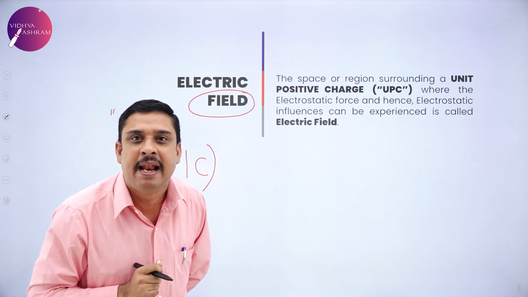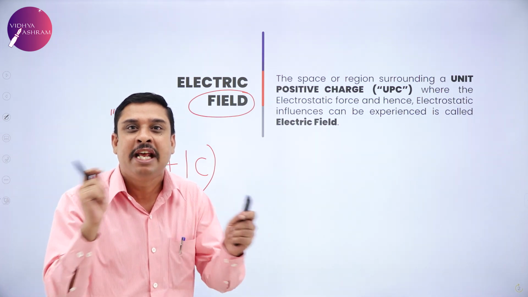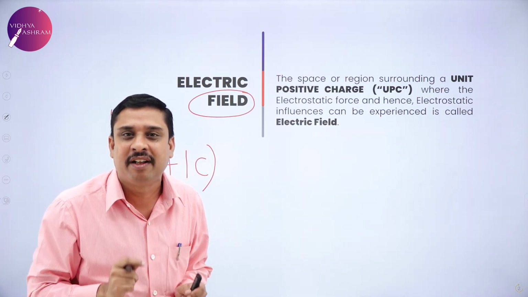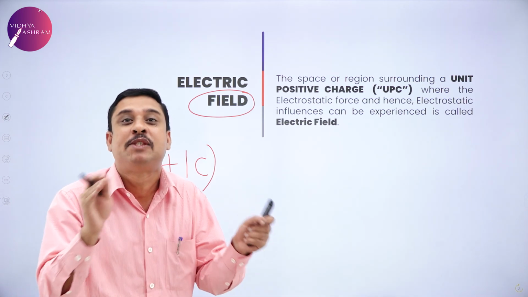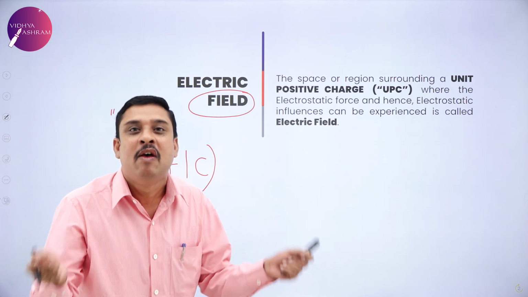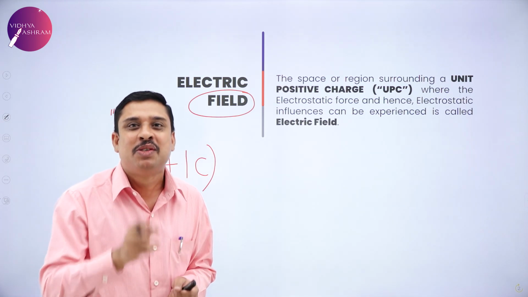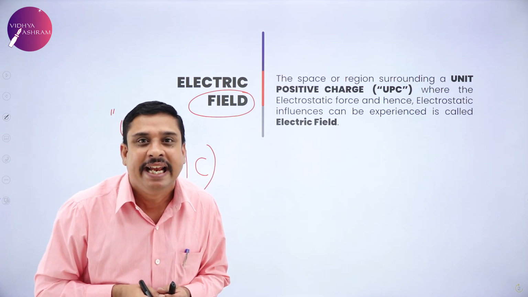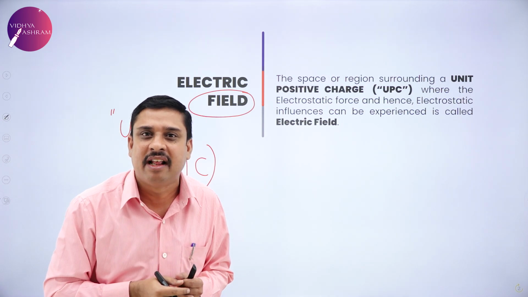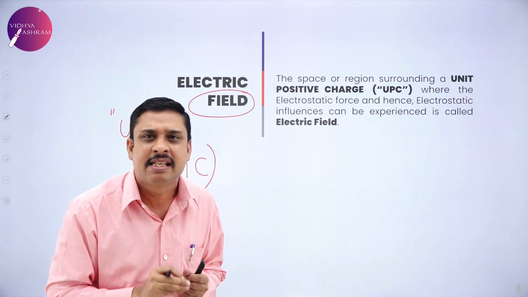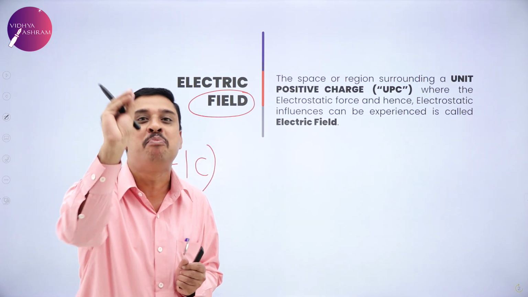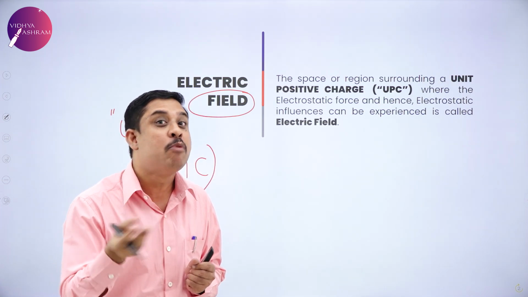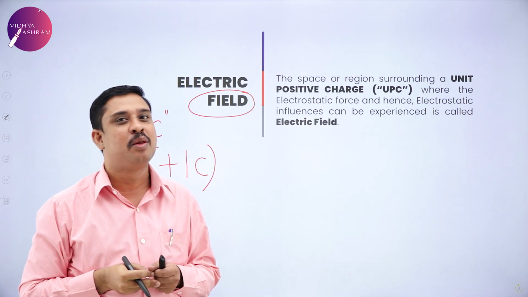For example, battlefield where the warriors fight, playfield, space where kids play, region where they play. So the word field in general means some space or some region. Then what is an electric field?